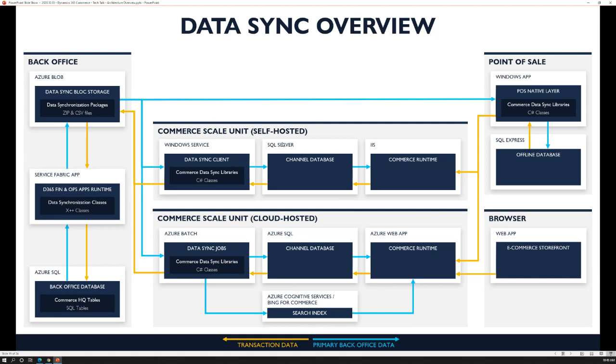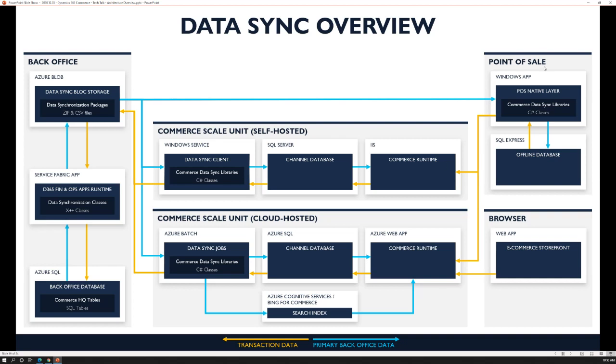Then on the self-hosted Commerce Scale Unit, you have to host your own Windows service. When I say your own, it's your Windows machine, but it's our data sync client component running on it. Again, same Commerce data sync libraries, full symmetry between these two components, which download the data from this blob and synchronize it into the local on-prem version of the channel database, which is SQL Server, powering our Commerce runtime hosted in IIS.